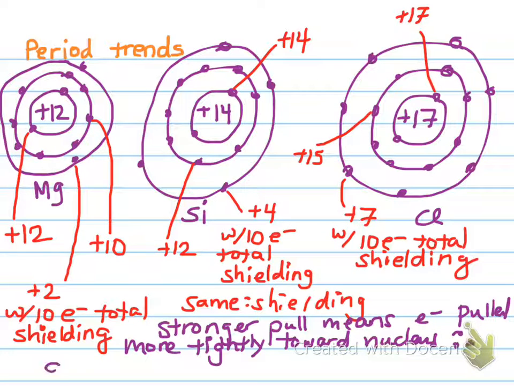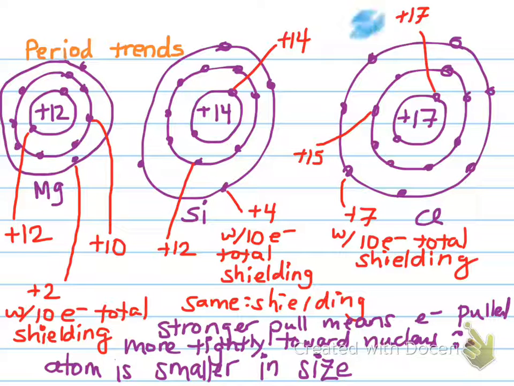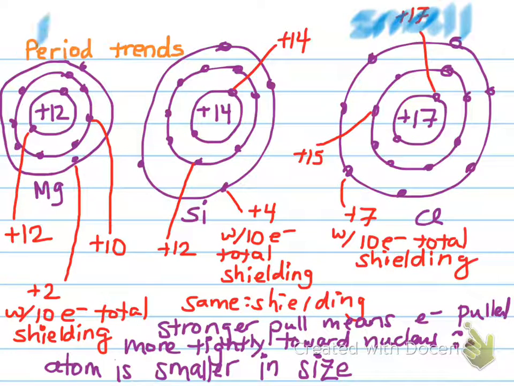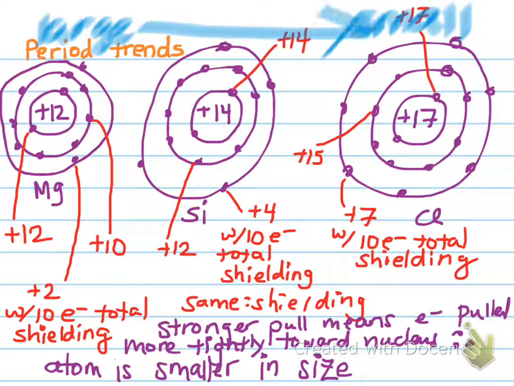Therefore, the atom is smaller in size, which means, okay, chlorine is our small atom and magnesium is our, oops, sorry about that, large atom. And so our size decreases as we go from left to right across a period.